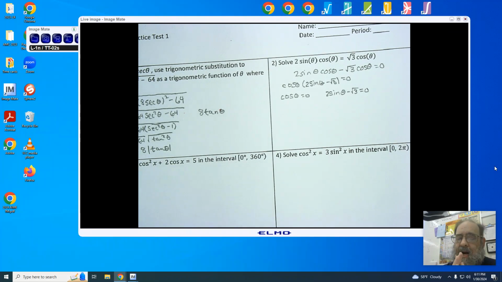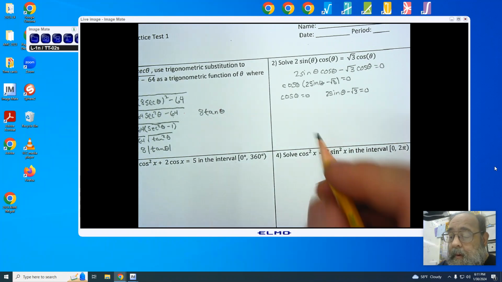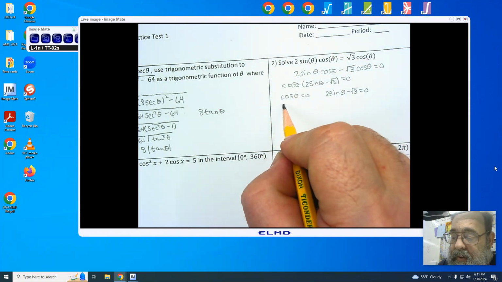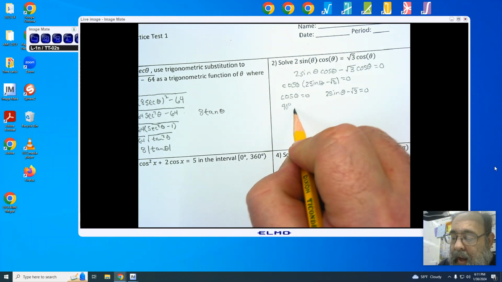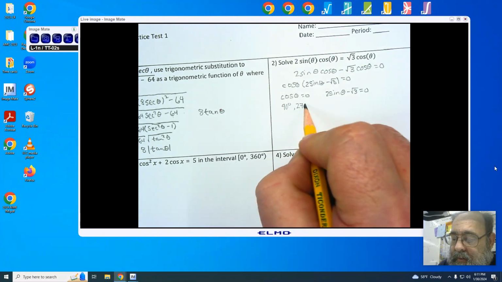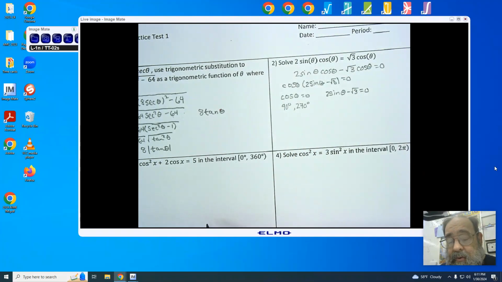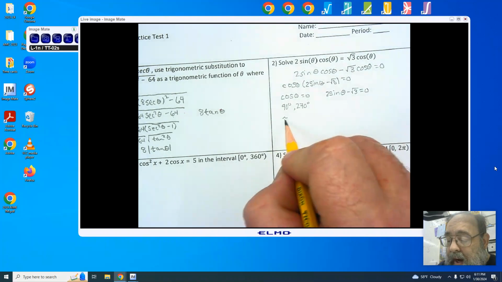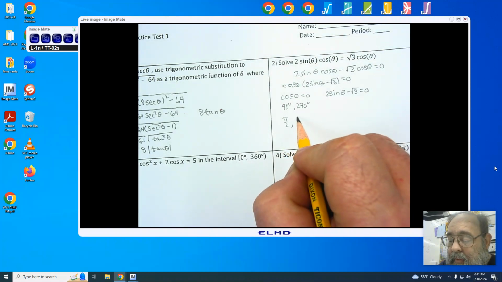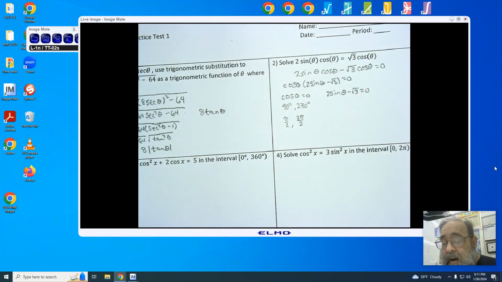That's when we're straight up and down on our axis, the y-axis, and it could be up at the top or the bottom. These two in degrees are 90 degrees and 270 degrees. If we are asked to use radians, I would use pi over 2 and 3 pi over 2. Both of these answers are going to be acceptable.